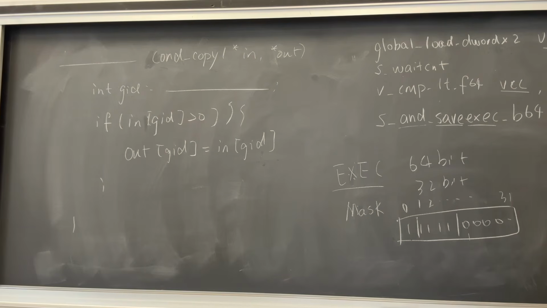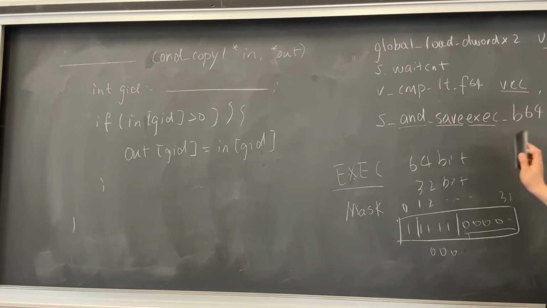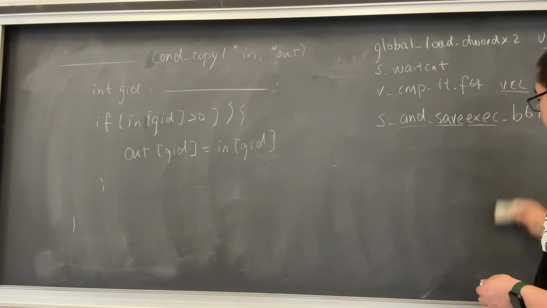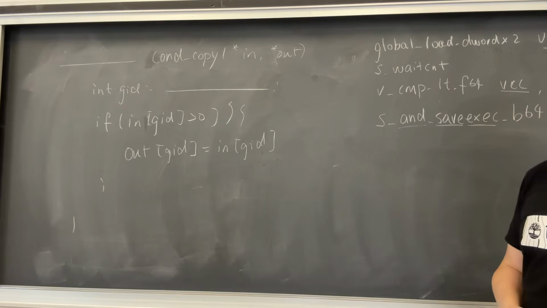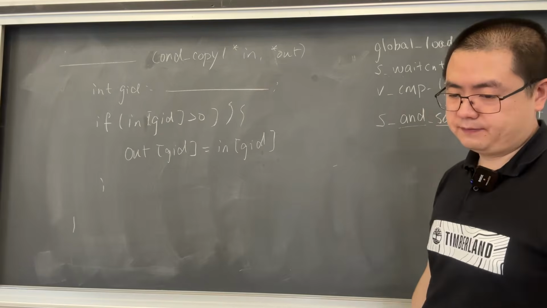We already have something that we say is 0, then we will do AND, we'll mask out some other cases. So that's why it's an AND save execution. But to make it simple, we store the VCC value into the execution mask.